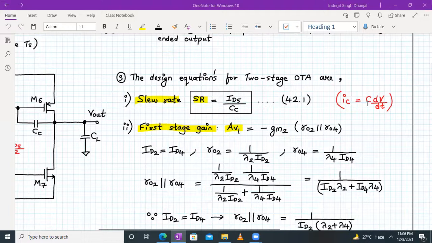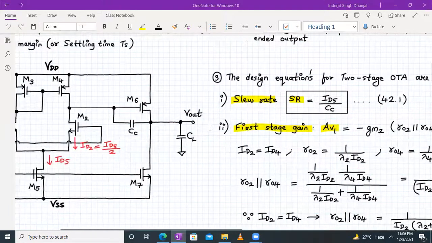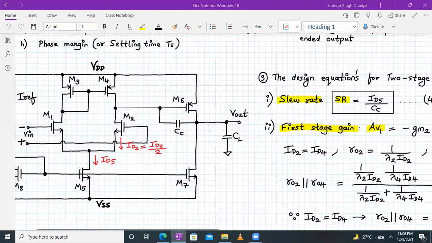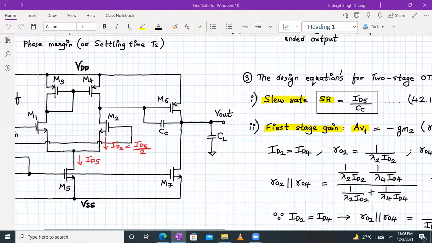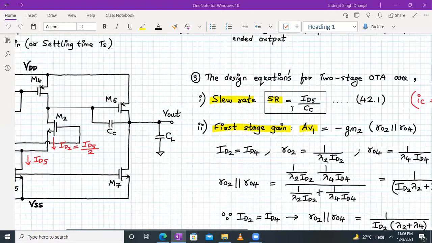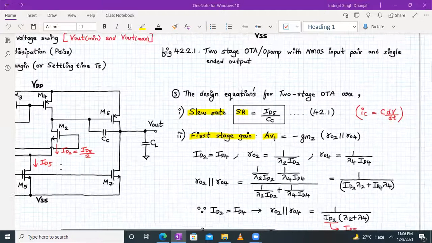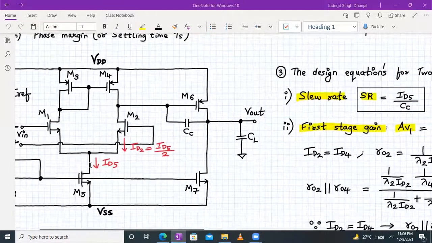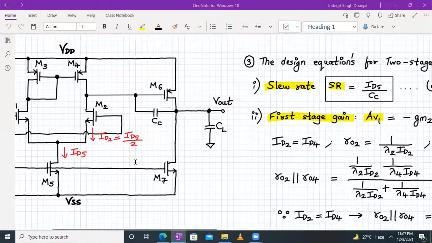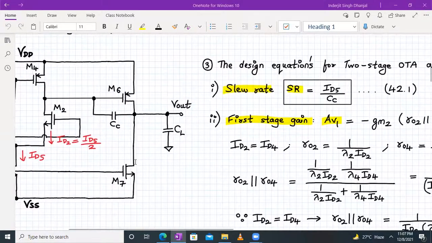So slew rate will be I by C. In this case, we have a capacitor CC, and the current flowing through it, ID5 divided by CC, will give us the value of slew rate. So the first design equation is slew rate equal to ID5, the tail current flowing through the M5 transistor, divided by CC.